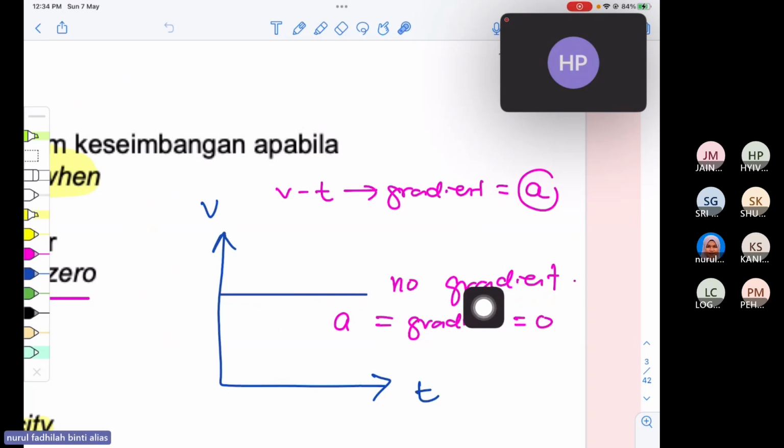And then kita faham pula bila kita ada graph V against time, the gradient of graph V against T gives you the acceleration. Do you remember? So bila graph ni has no gradient, it has no acceleration lah. Sebab gradient dia 0. Gradient adalah acceleration. Jadi acceleration 0.